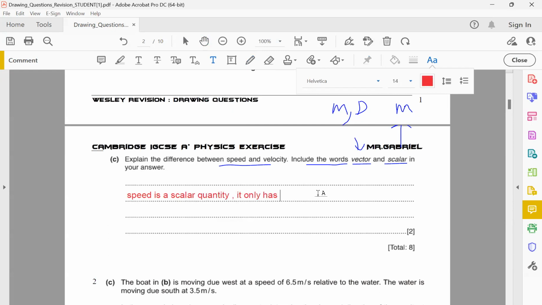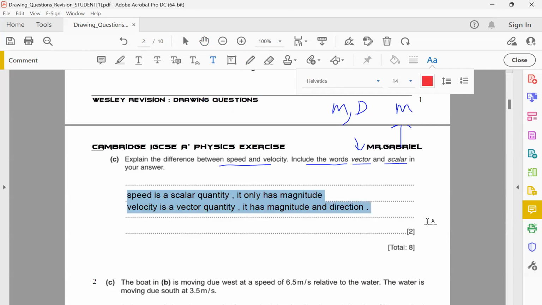It only has magnitude. Velocity is a vector quantity. It has magnitude and direction.